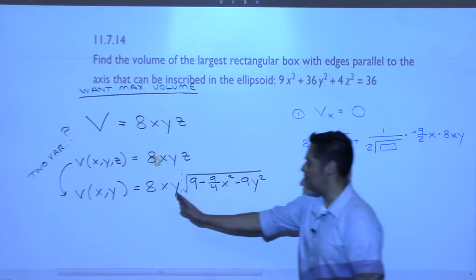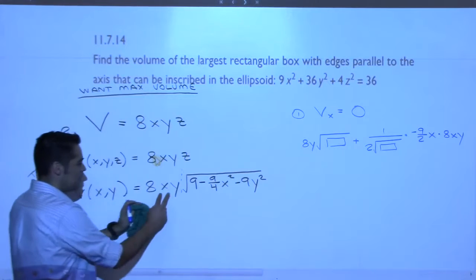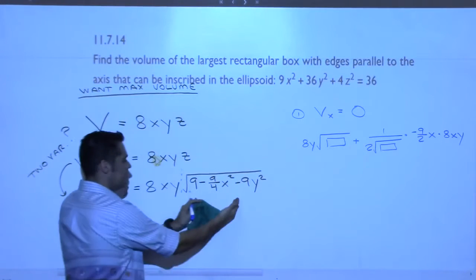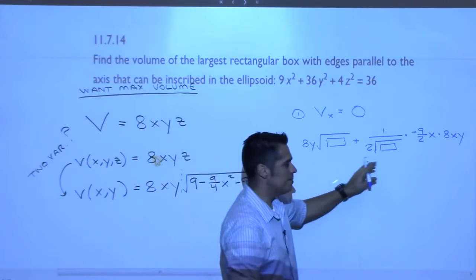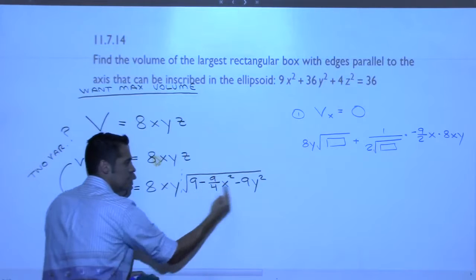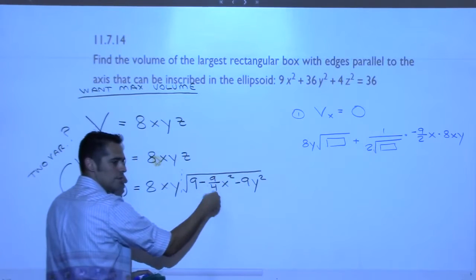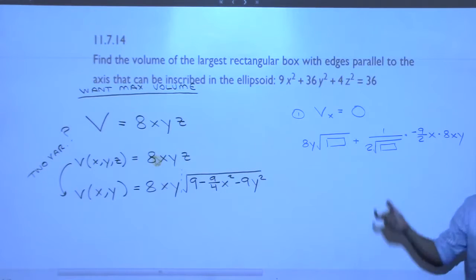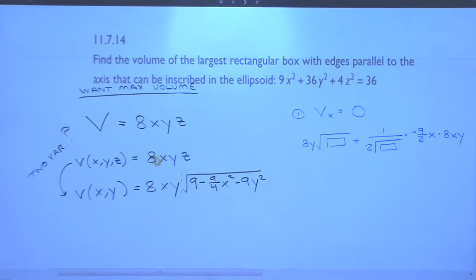Remember this, right? So derivative of this with respect to x was 8y times the root. That's this. Derivative of the root of something is 1 over 2 times the root of that something, times derivative of what's inside. Derivative of this, 0. That, bring the 2 down, reduces the fraction to negative 9 halves x. And then finish off product rule, 8xy in front. I need to set that equal to 0, folks.